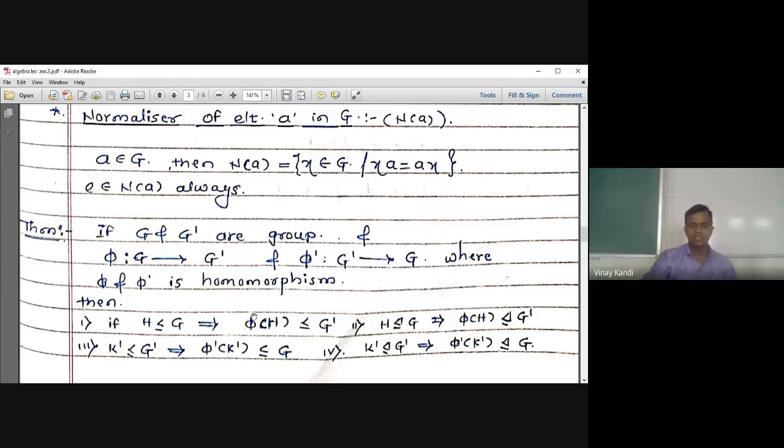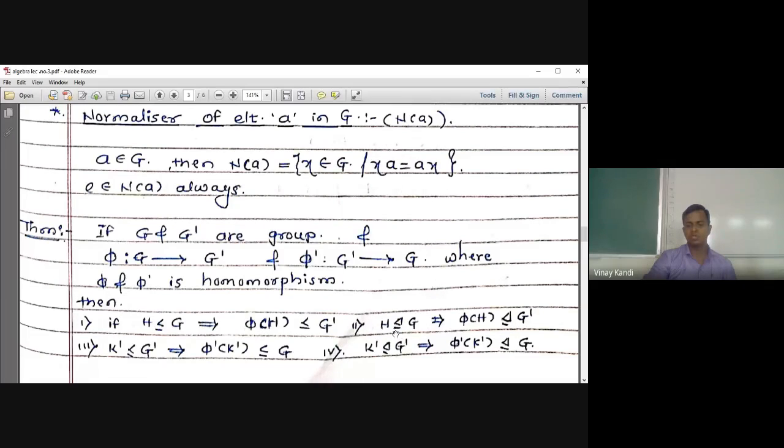Hence, this phi of H is the subgroup of G dash. Second statement, if H is the normal subgroup of G, then the image of H is also a normal subgroup of G dash. If subgroup is there, then the image is also a subgroup.